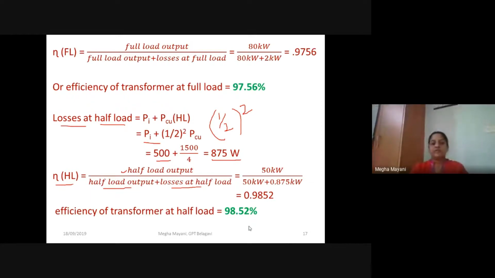This is what was asked, that is efficiency for the transformer at full load condition and the efficiency of the transformer at half load condition. So an observation to make, friends, here, when you're trying to change the load, that is from full load to fractional load, then efficiency is considerably increasing too. That is because you have a decrease in the total loss due to the decrease in the copper losses.